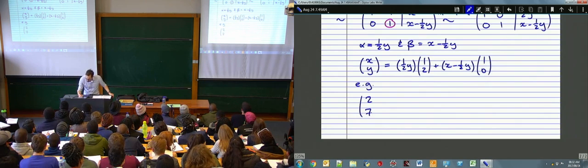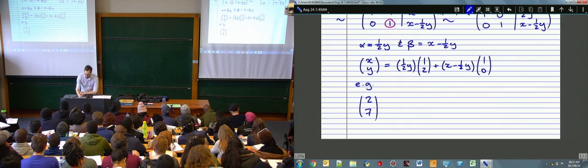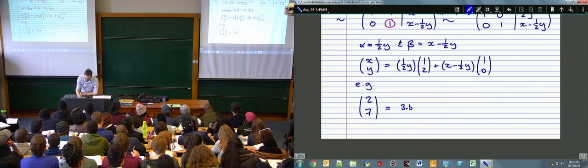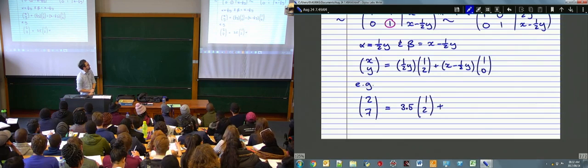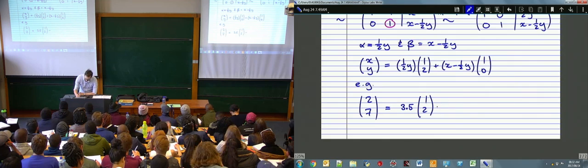There were lots of ones. The first one I heard was 7, right? So if we want to write down 2, 7, we would just write this down as, okay, so it'll be 1/2 of y. So that's 3.5 times 1, 2, plus, now it should be x minus 1/2 of y. So x is 2, 2 minus 1/2 of y. So 2 minus 3.5 is actually negative 1.5.